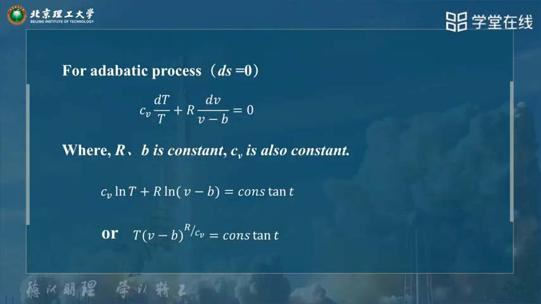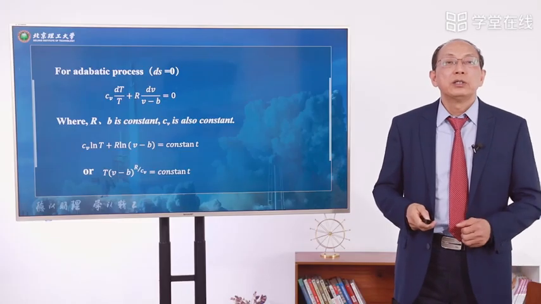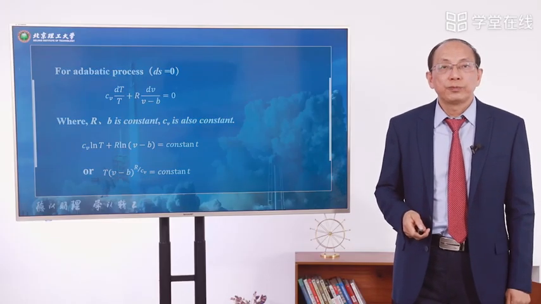Because R and b are constant and Cv is also constant, we can do integration. We obtain Cv ln T plus R ln(V minus b) is constant. Finally, we obtain T times (V minus b) to the power R over Cv is constant. Here is the solution.